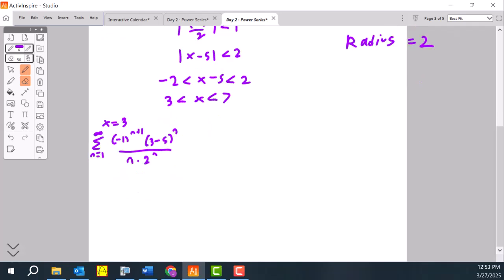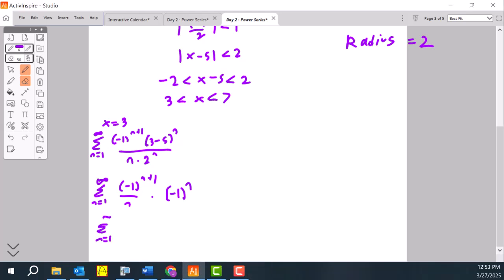We can do a little simplification here. Negative 1 to the n plus 1 over n times (negative 2) to the n over 2 to the n. Now (negative 2) to the n over 2 to the n can be rewritten as negative 2 over 2, all to the n, which can be rewritten as just negative 1 to the n.